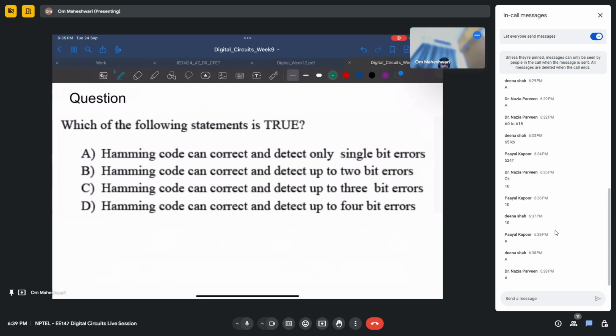Okay, so most of you have answered A, which is correct because at max Hamming code can detect 2-bit errors, but it can never correct. So option A is correct. It can correct and detect only single bit errors.